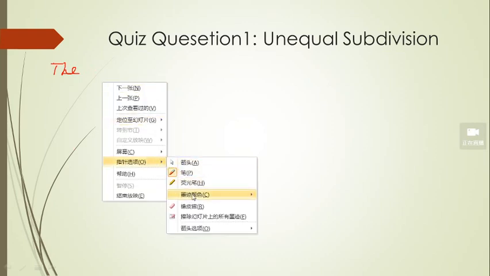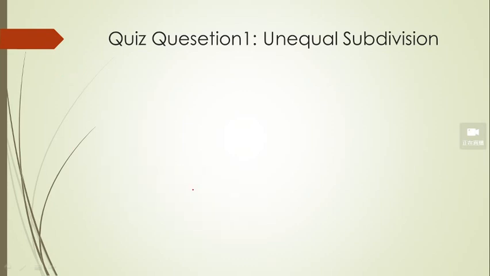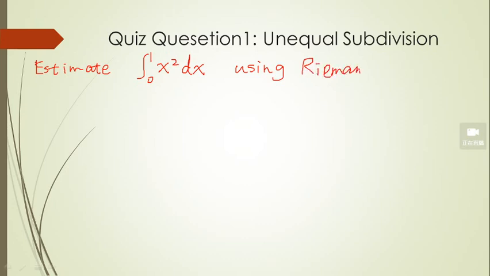We estimated the integral of x squared dx using Riemann sums. So what does this definite integral mean?